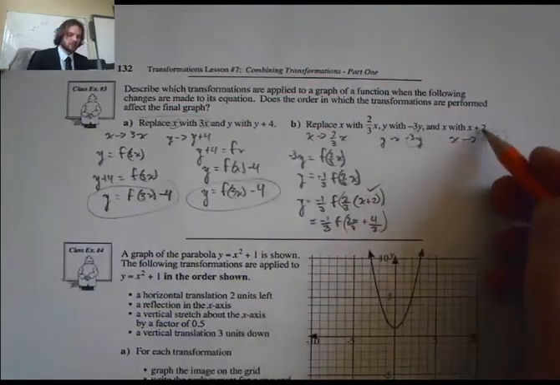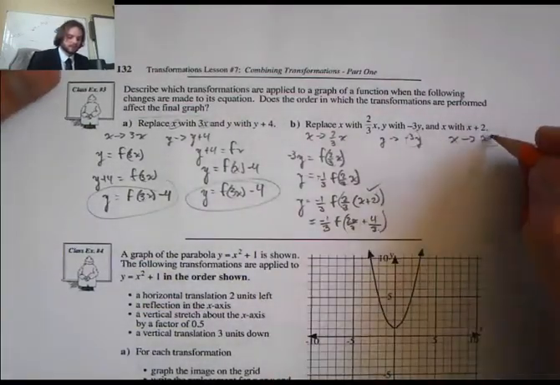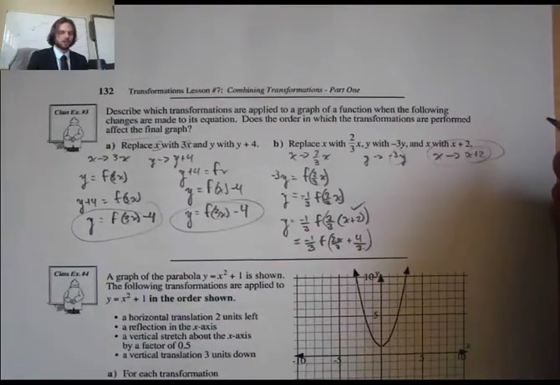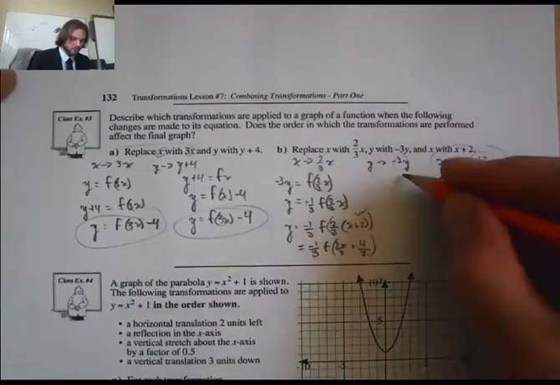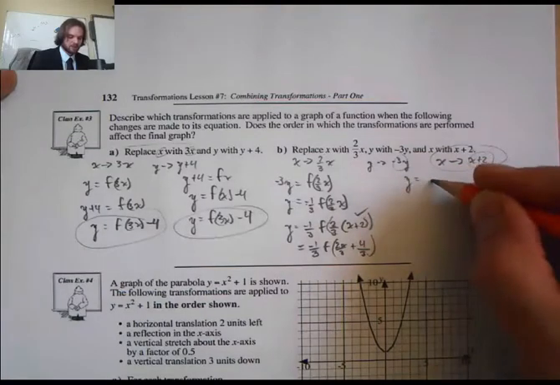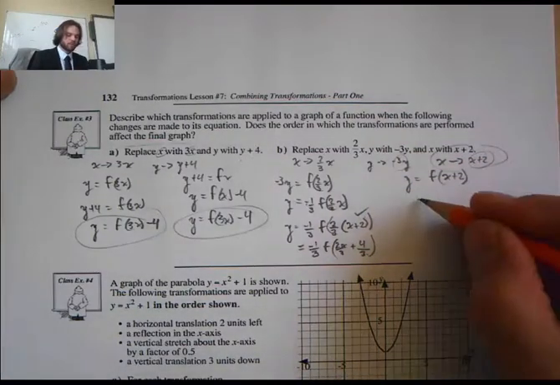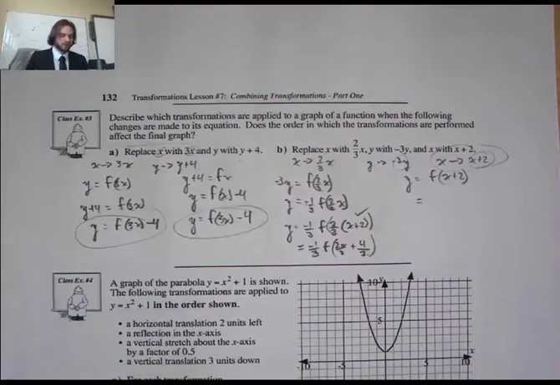Now let's see if I changed the order and I did this step first. So if I did my translations first, let's check that out, see what happens. So that would be y is equal to f of x plus 2. Okay? Then I would do my stretches.